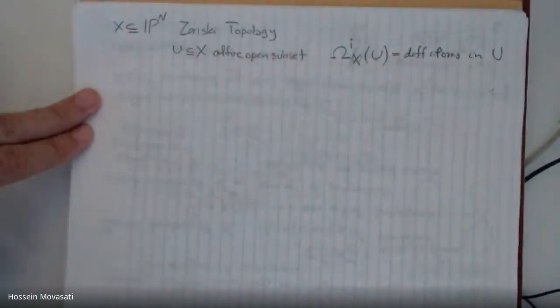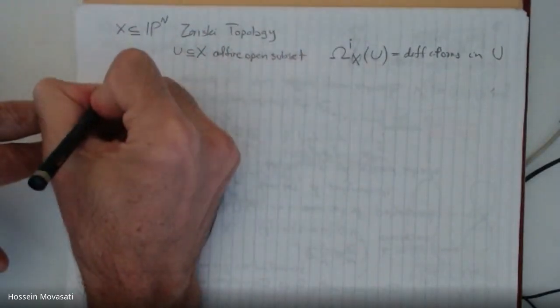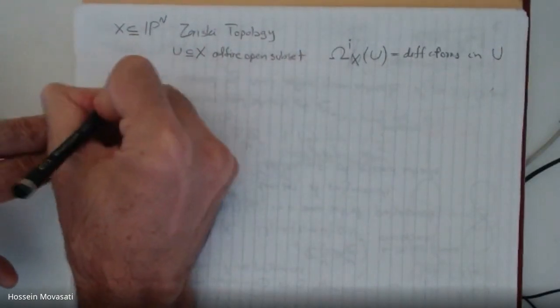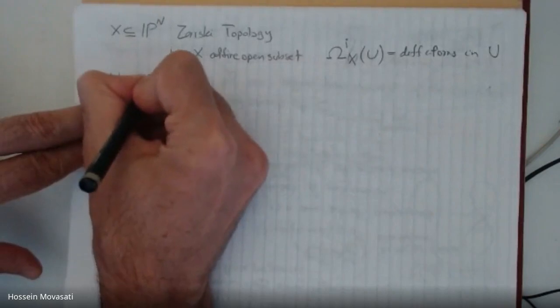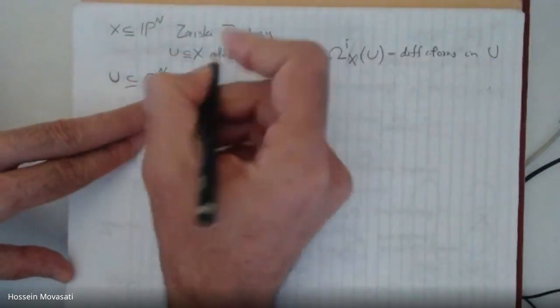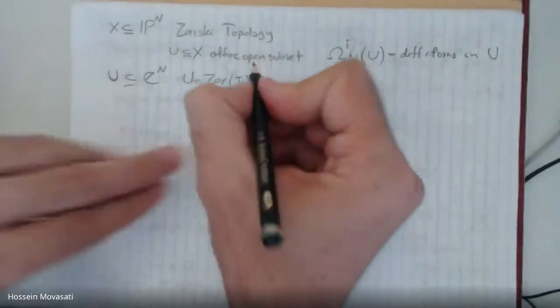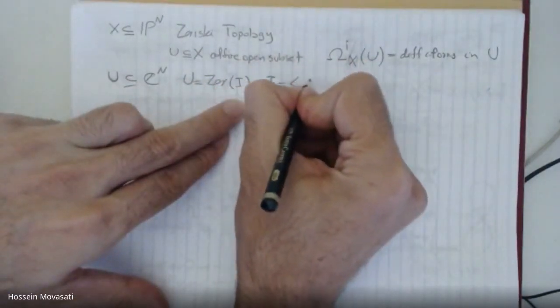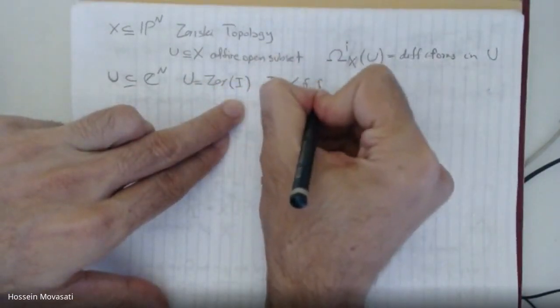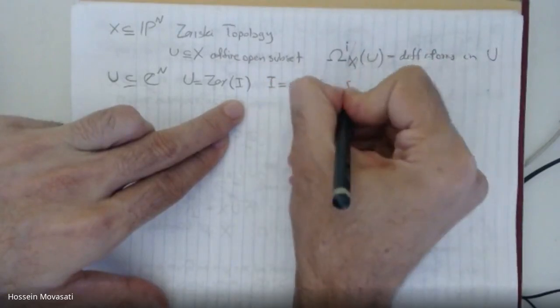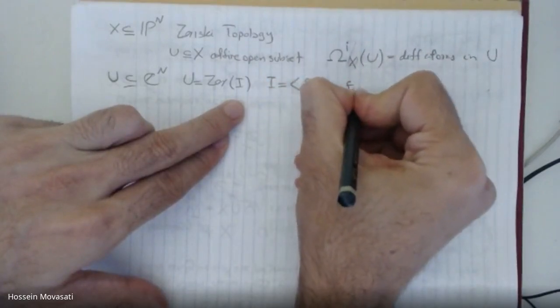Just remember that at the end U is a subset of some C^n. So let's say U is the zero set of the ideal I, the ideal generated by f1, f2, up to fk.